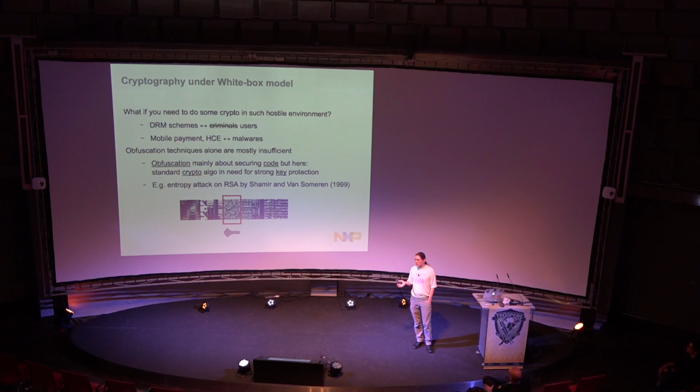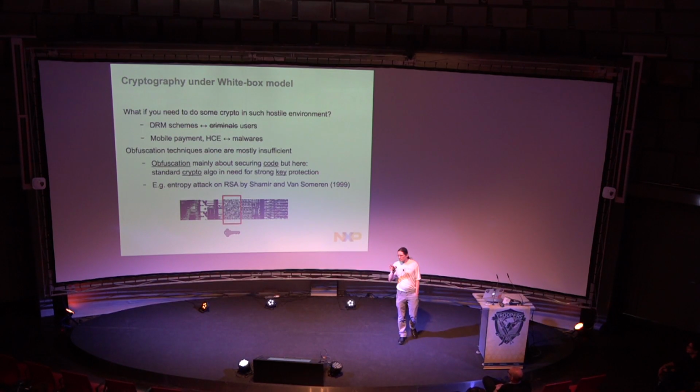The only thing I don't know is the key, and I want the key. But the key is not code, it's just data. So most of the code obfuscation techniques won't help hiding the data. And for example, there was this very old attack by Shamir on RSA. It doesn't care about the code, it just looks at the memory snapshot, and where there are random bits somewhere in the memory, that's probably where your key is, because the rest contains some structure, just by having a look at the memory.